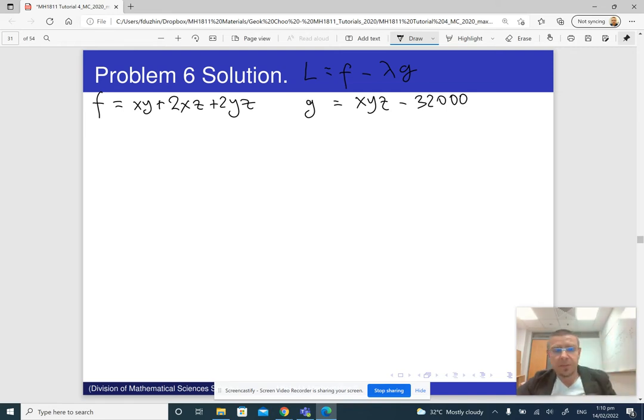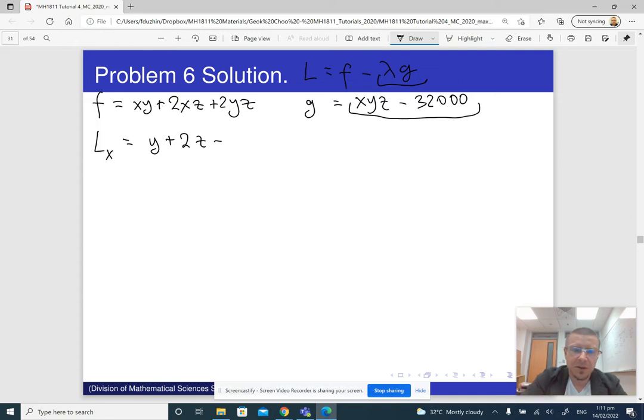Okay, so now we need to set up the system of equations that comes from the method of Lagrange multipliers, right? The first equation is the partial derivative of L with respect to x. It is going to be y plus 2z minus lambda yz, and this should be equal to 0.